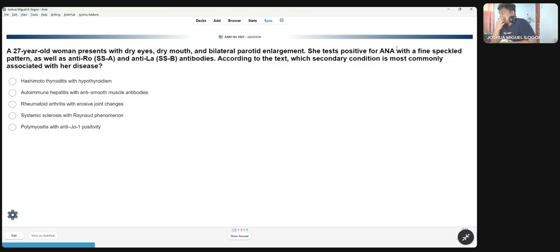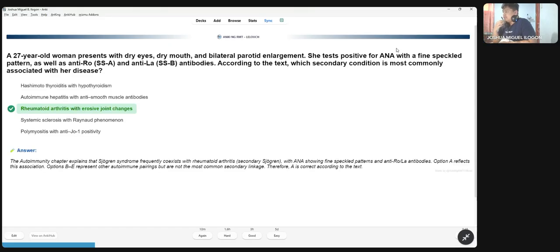I wanna go with... Damn, I don't... So she's positive for ANA, fine speckled patterns, anti-Ro. I wanna go with systemic sclerosis. What? Oh, it's secondary. Secondary. Got it.